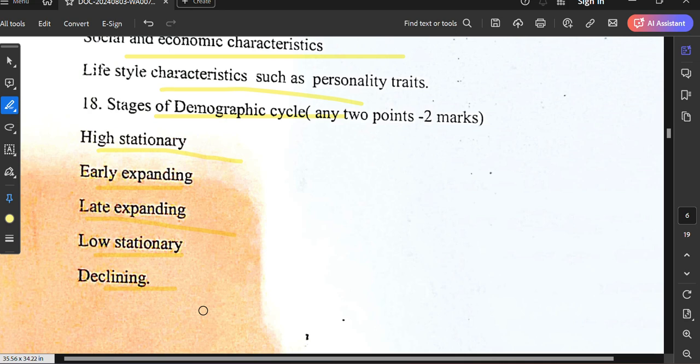Then comes an early expanding phase, then a late expanding phase, then a low stationary phase, and then a declining phase. These are the different stages of a demographic cycle.